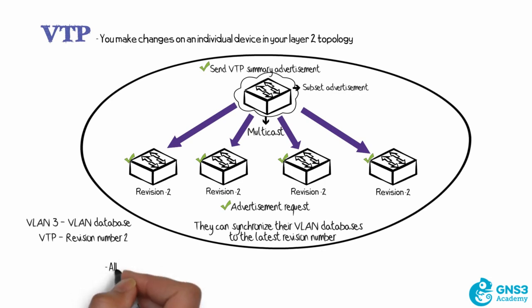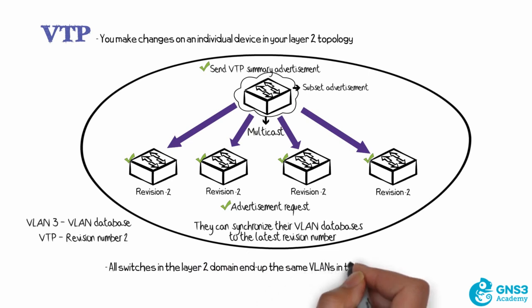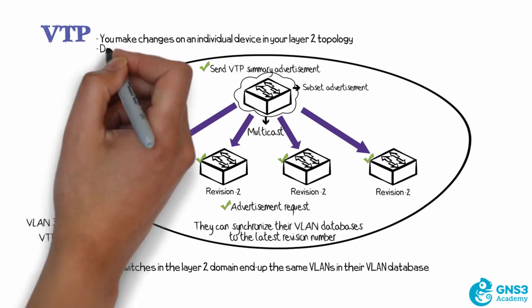That means that all switches in the layer 2 domain end up having the same VLANs in their VLAN database as the switch with the latest information. That means that you as the administrator only need to make changes on one switch rather than the 5 switches shown in this topology.